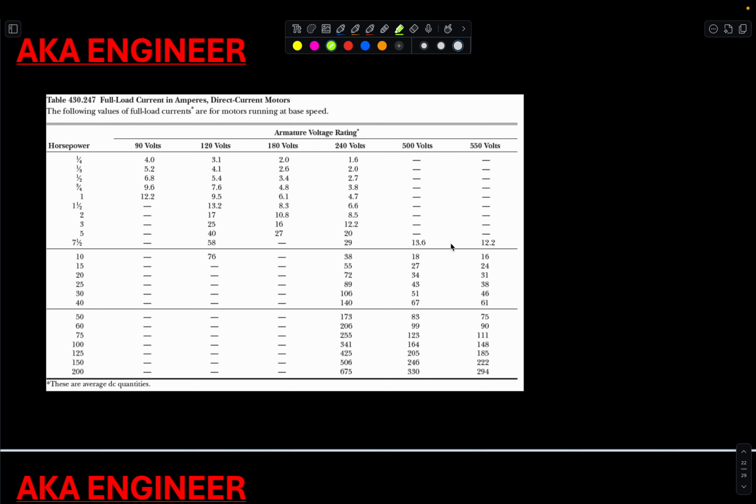Followed by those tables right here, Table 430.247 is going to be the full load current in amperes for DC motors. So if you're dealing with DC motors, this is the table you need to reference to figure out, based on the horsepower given, what the actual amp rating of that motor is, based on the voltage it's connected to.